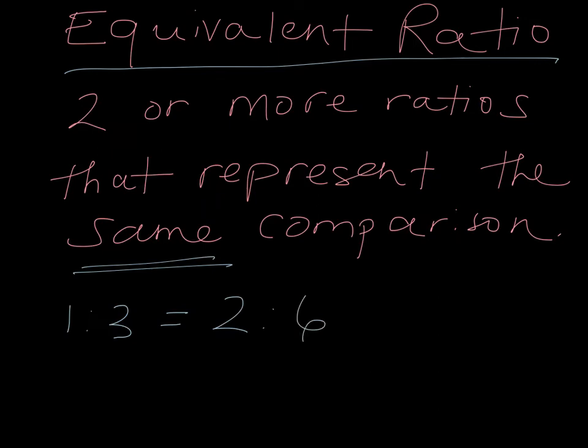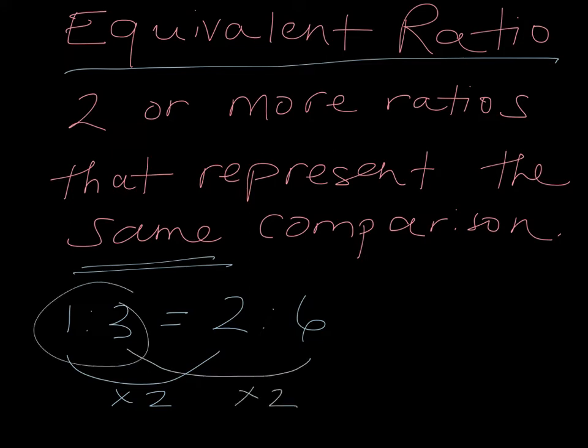Because all we did to 1 to 3 is multiply the 1 times 2, and we also multiplied the 3 times 2. So this 1 to 3 and this 2 to 6 are equivalent. They are the same, because you took that one ratio and multiplied each of the numbers in the ratio by the same number.